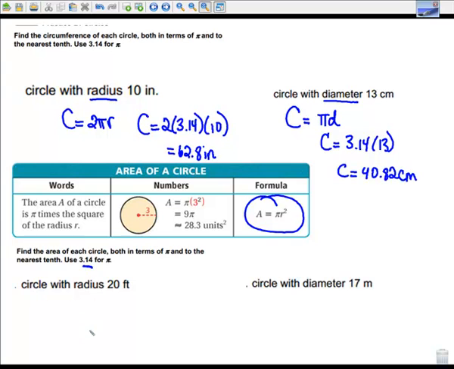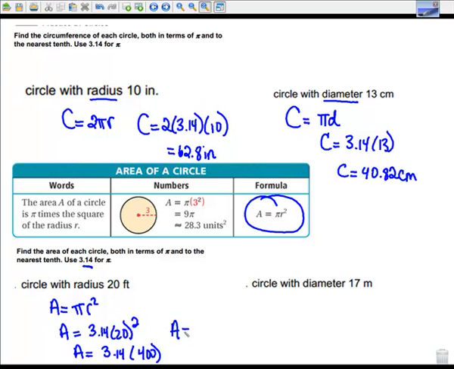Here again, they're asking us to use 3.14 for pi, so let's go ahead. The radius is 20 feet, so area is pi times radius squared. So my area is pi times 20 squared. Remember, order of operations, we have to square the 20 first, which is 400.